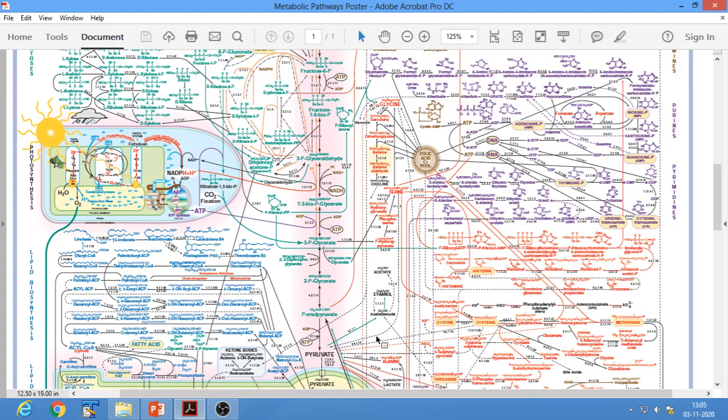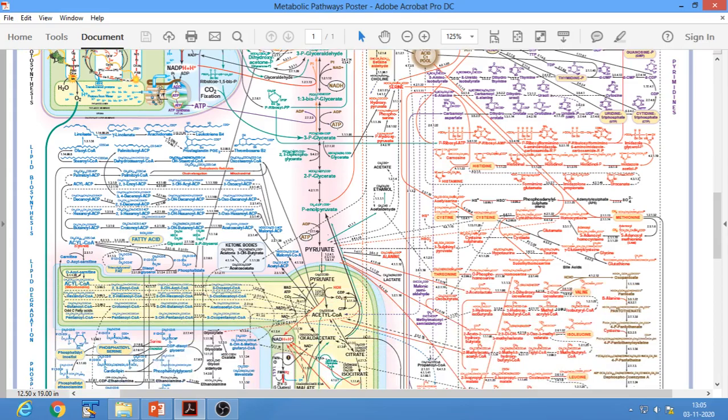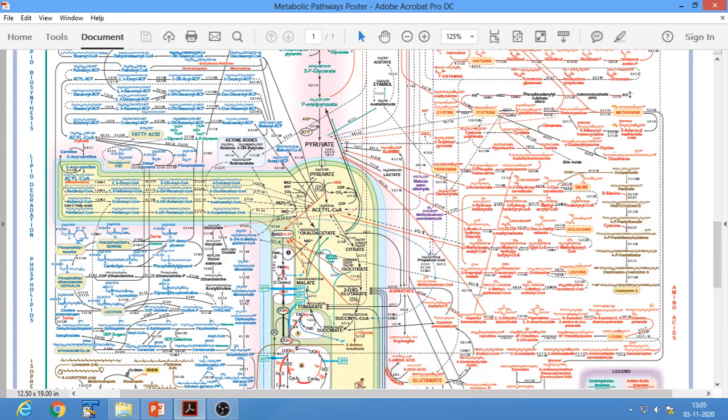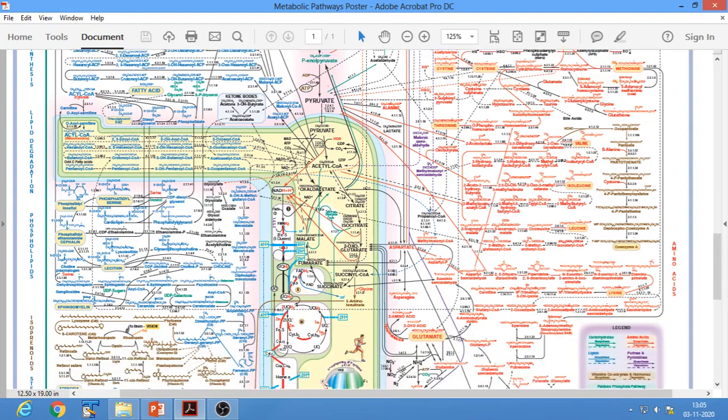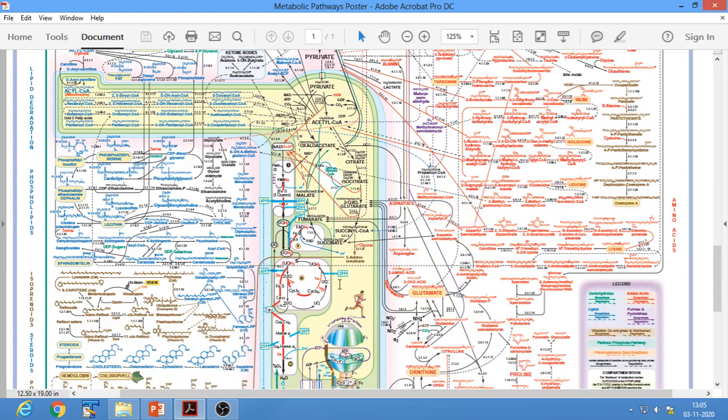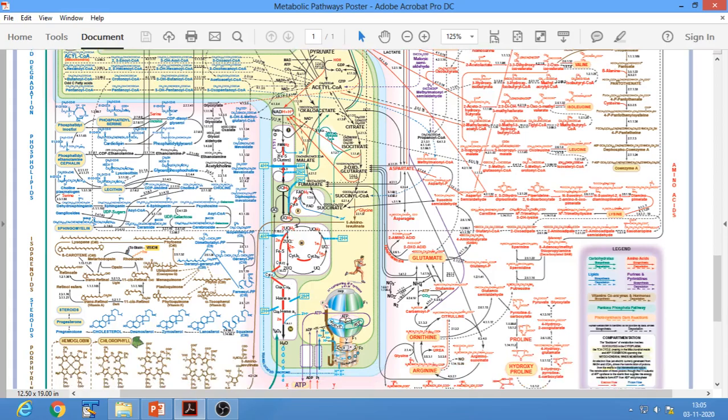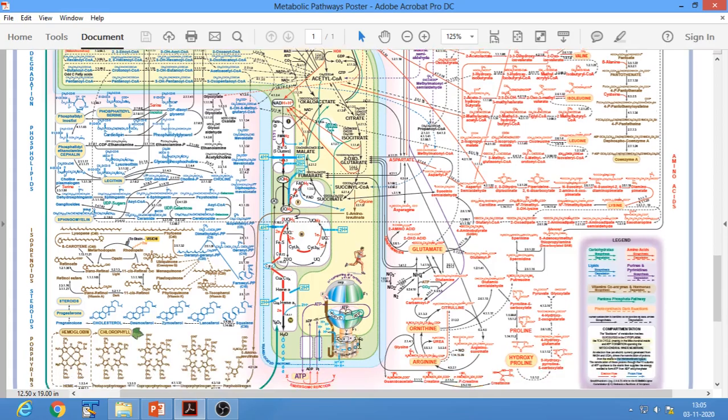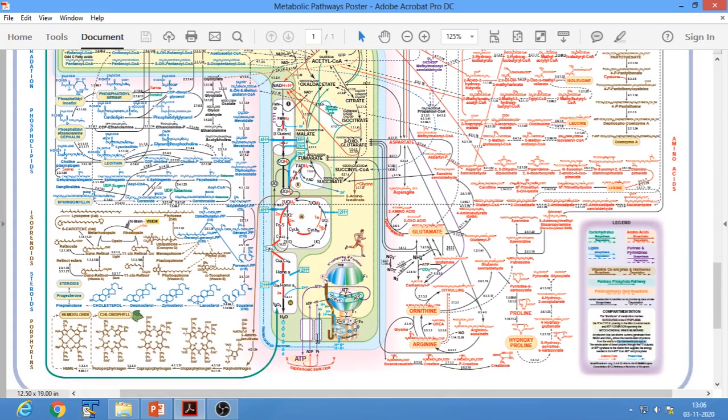that would end up in the creation of pyruvate, and this pyruvate then further enters into the TCA cycle, or what we call the Krebs cycle. And from this Krebs cycle, whatever NADH or reducing power is created enters your electron transport chain and eventually results in the formation of ATP.